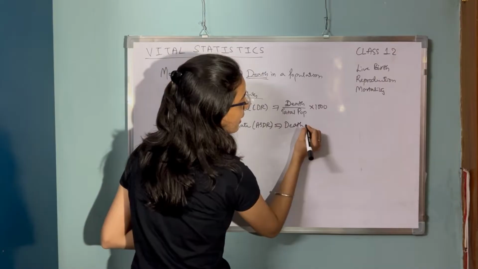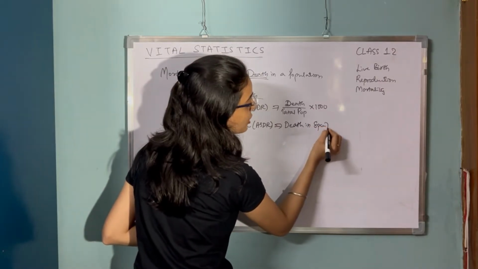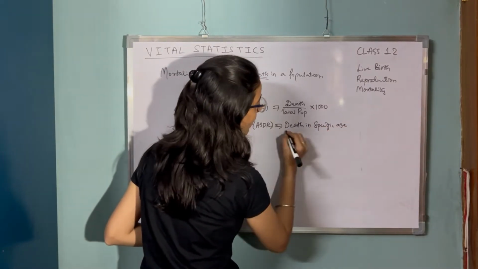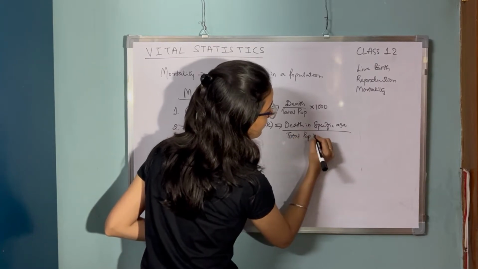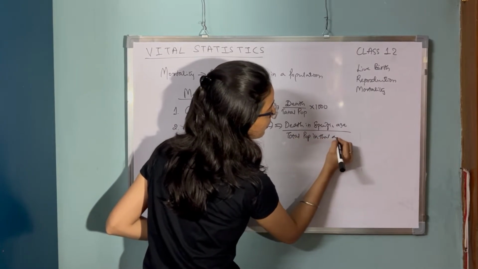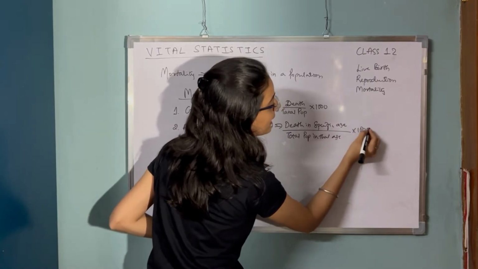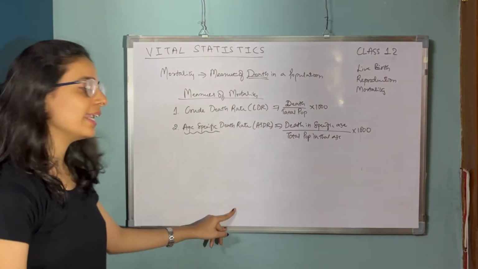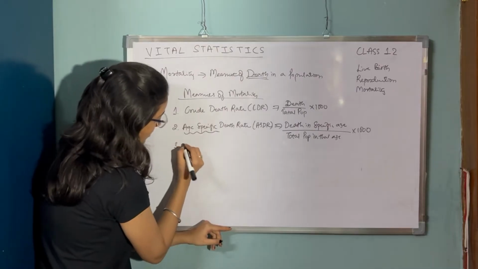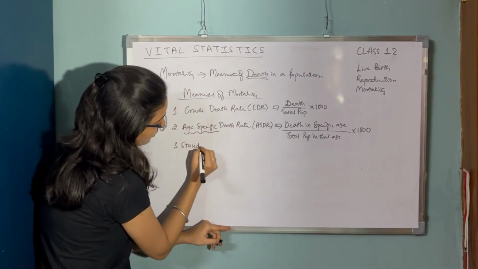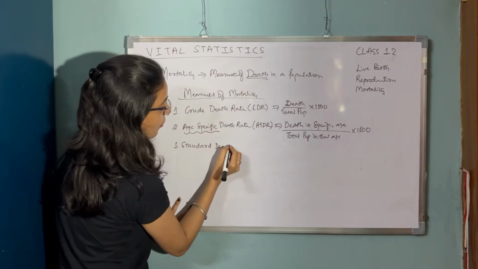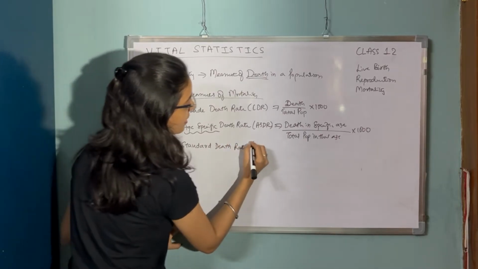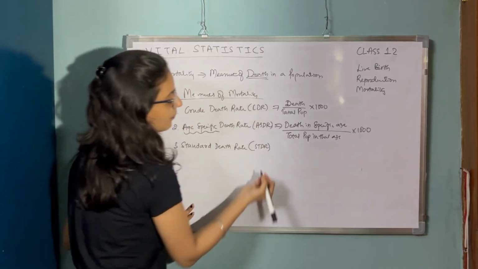So, death in a specific age group in a year divided by population in that age group into 1000, for 1000 individuals. Next comes standard death rate, which is STDR.